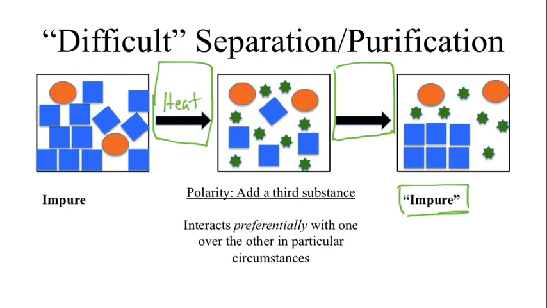Okay, well, now I'm providing two ways to break down those intermolecular forces. So what I'm hoping is that my target compound, in this case the blue squares, will only really dissolve once I add heat to help kind of break everything apart. Okay, so then it's all dissolved.